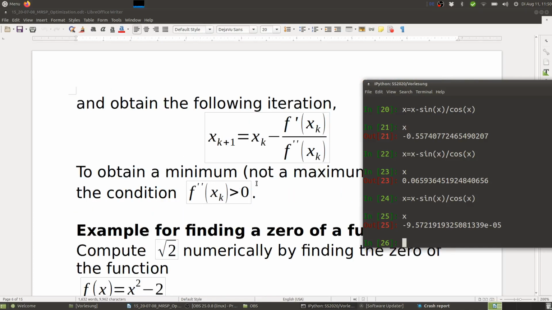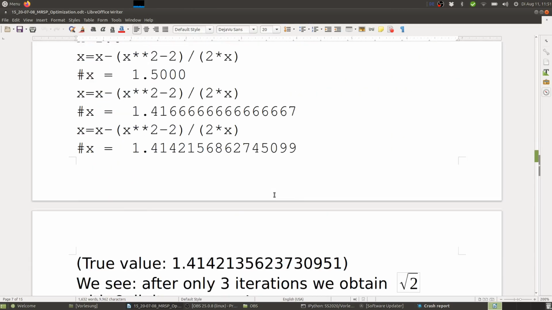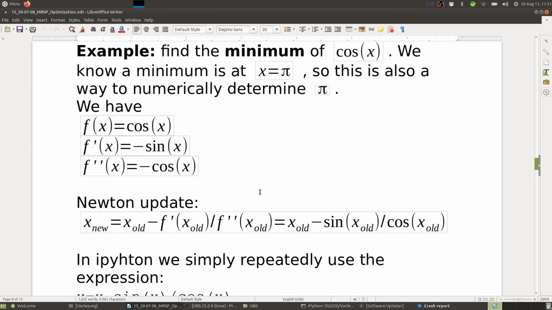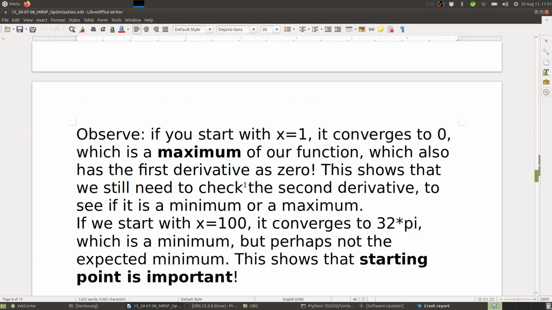Yeah, so for a minimum we need the second derivative larger than 0. For a maximum it becomes smaller than 0, and this is what we found here. If x equals 0, then the second derivative is minus 1, so that means we found a maximum.